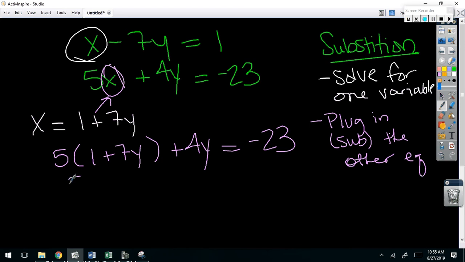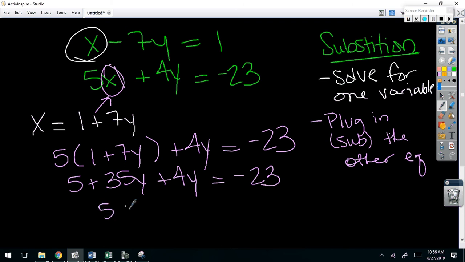Okay, 5 plus, clean it up. 35y and 4y would be 39y. It's okay, we're moving kind of fast.